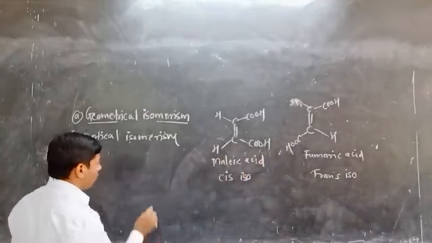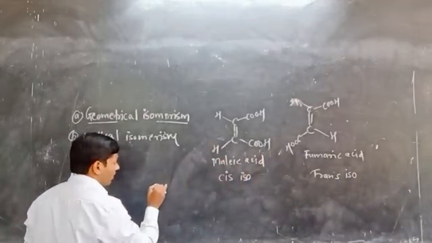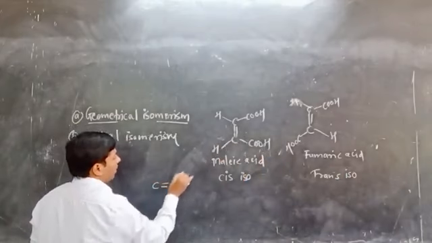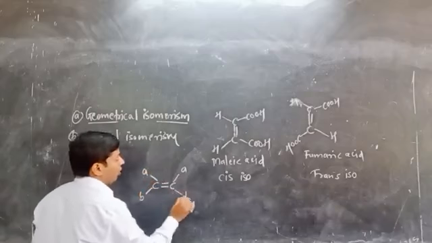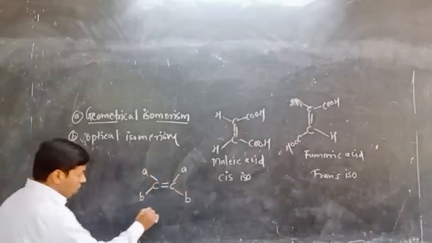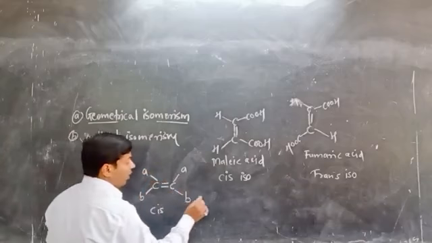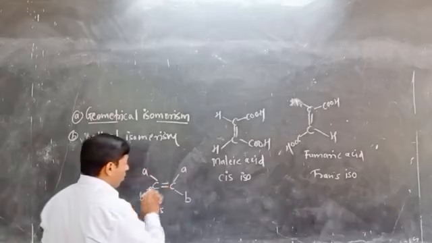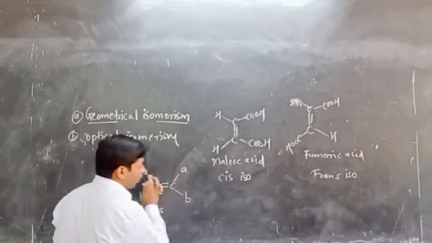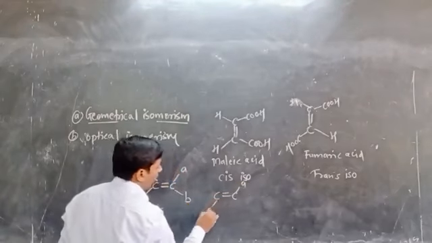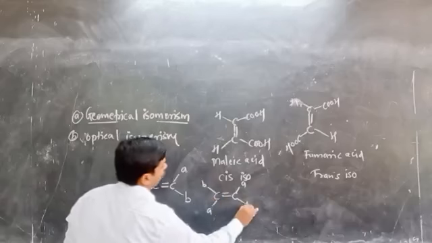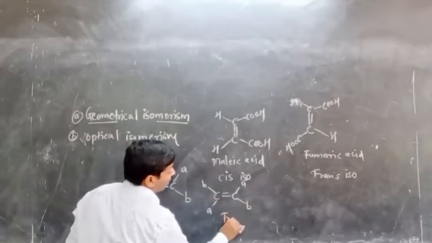Okay, so I will write one more general example. C double bond C is there. Similar atoms or similar groups I want to place on the same side of the carbon double bond. This is called the cis isomer. And what is my trans isomer? Similar atoms or similar groups placed on opposite sides of the carbon double bond. I write C double bond C. Here I write A, here I write A. Here I will place B, here I will place B. This is called the trans isomer.